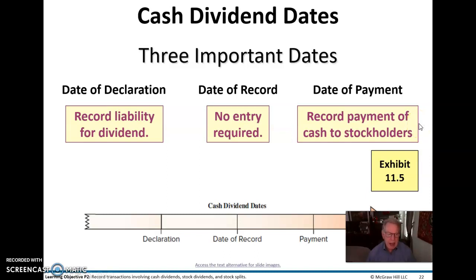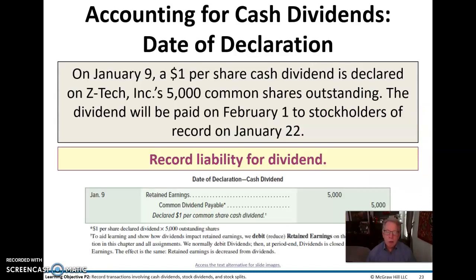So let's see how that works in the way of journal entries. Here, on the date of declaration again, that's when we're going to recognize the liability. So on January 9th, they declare $1 per share cash dividend on 5,000 common shares outstanding, right?